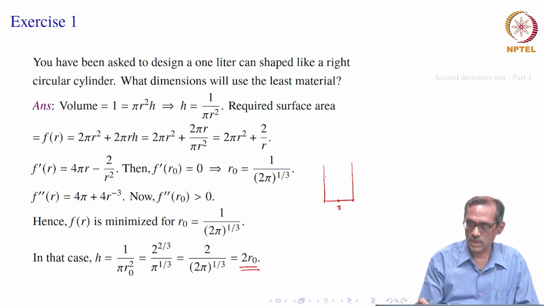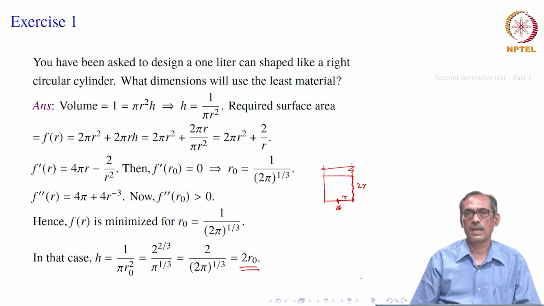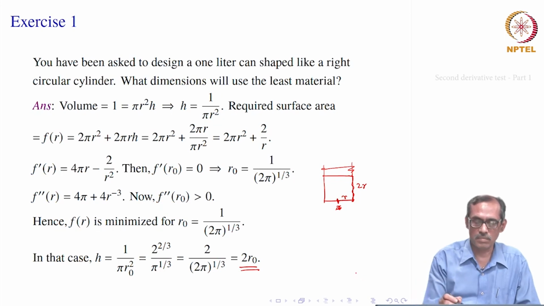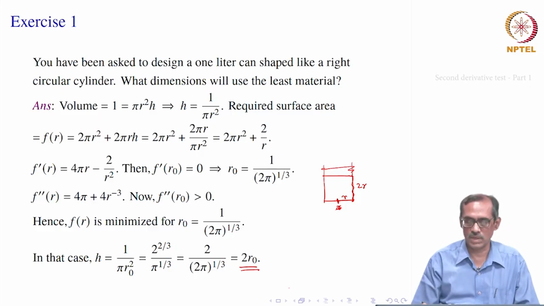So, it will look something like a square, right. This is your r, half of this, so the diameter is 2 r and this is also 2 r. At that place only we will be using the least material to get the constant volume, whatever is given. So, that is what it says. Fine. Exact values are 1 divided by 2 pi to the power 1 by 3.